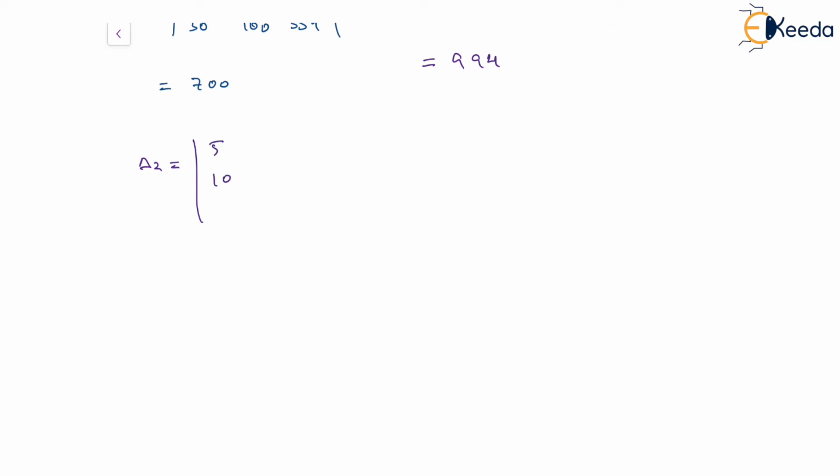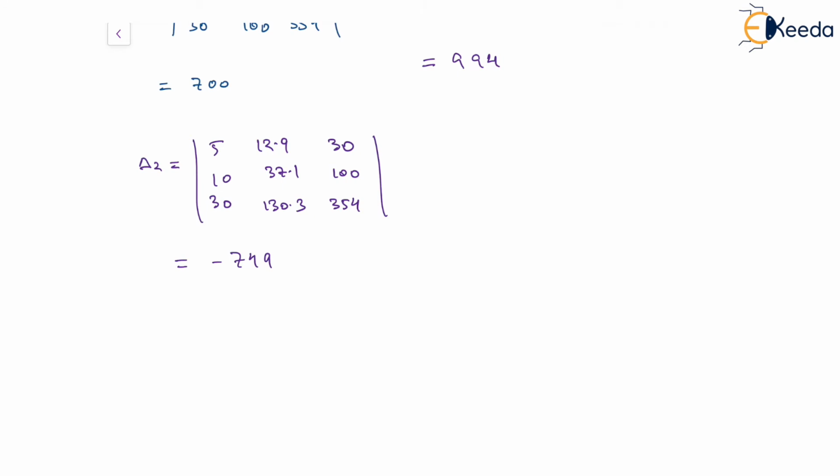Now going for delta 2 and delta 3, delta 2 will be 5, 10, 30; 12.9, 37.1, 130.3; and 30, 100 and 354. This is obtained by replacing column 2 with the constants, and this value will be negative 749.